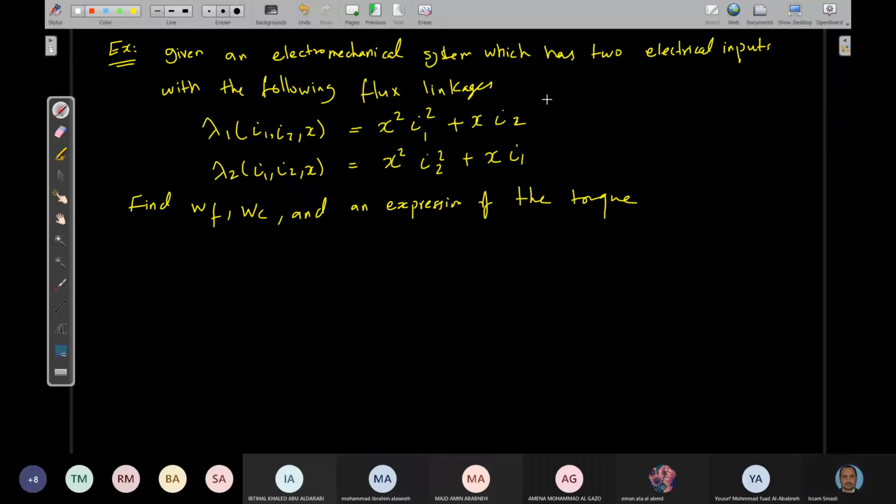According to Muhammad, he said that omega f is equal to the integration of I lambda 1 d lambda. Okay, so this will equal to what? Then I write I1 as a function of lambda 1. Okay.